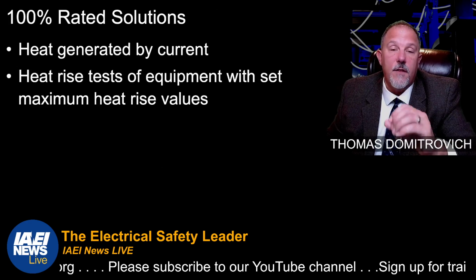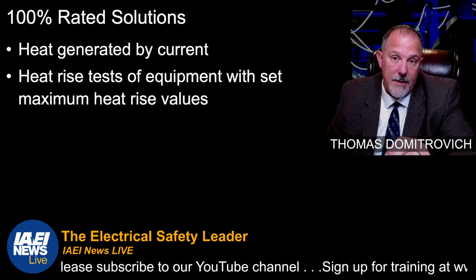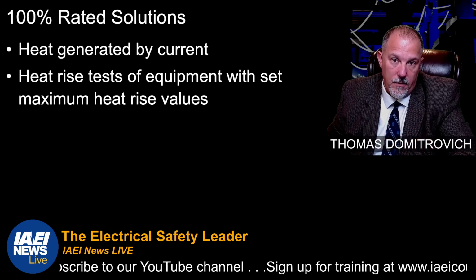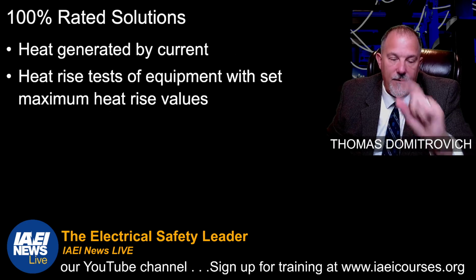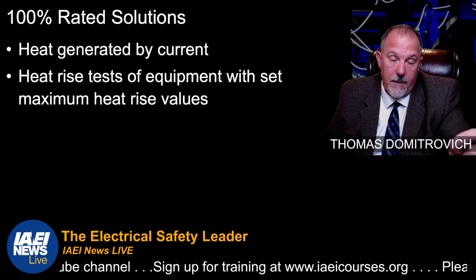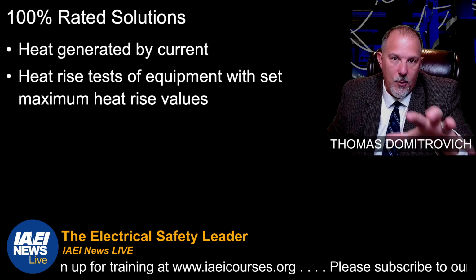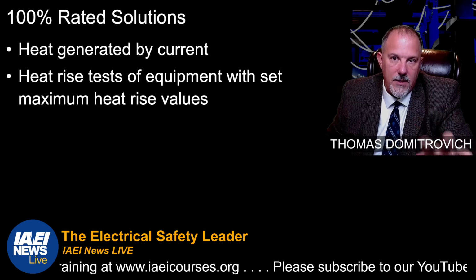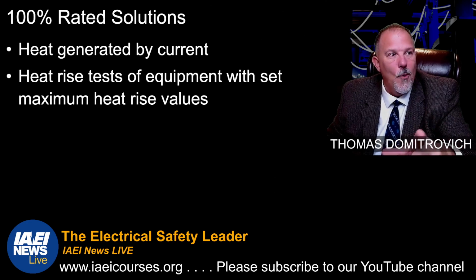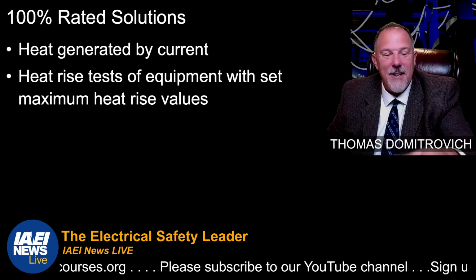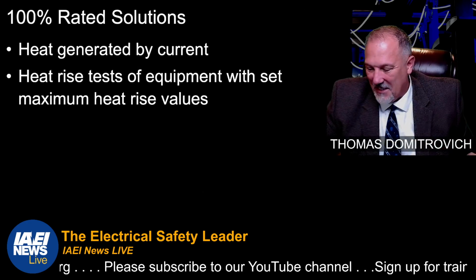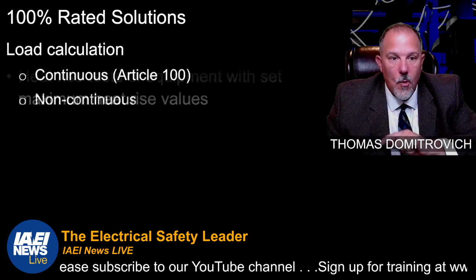We'll do different things to address heat inside of the enclosure. Unfortunately, a lot of people will think that all I need to do is buy a 100% rated circuit breaker, but I hope you understand why that's not 100% accurate. A 100% rated breaker might not be 100% accurate. That's kind of cool.